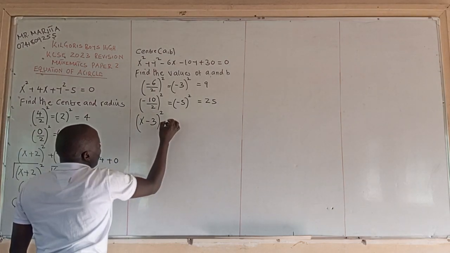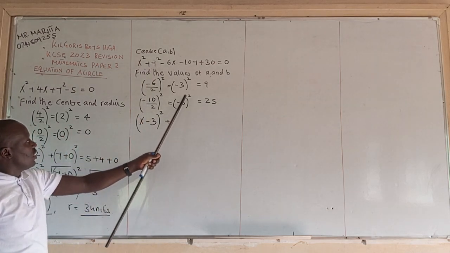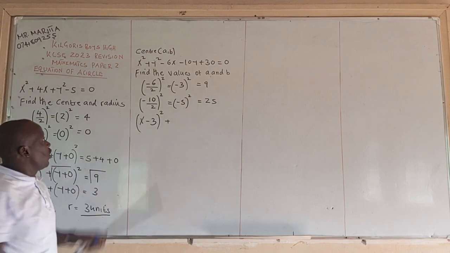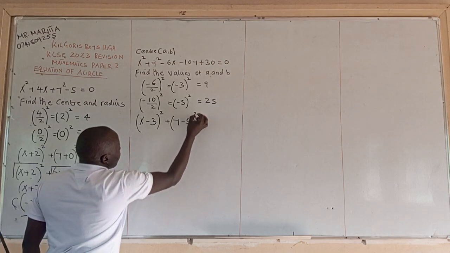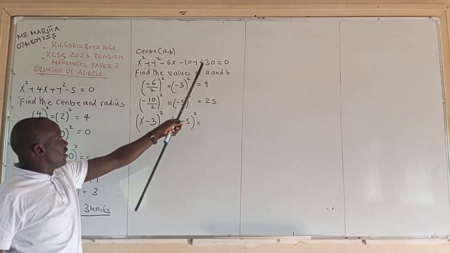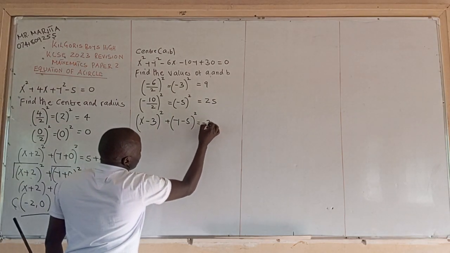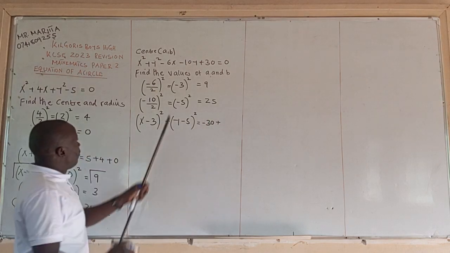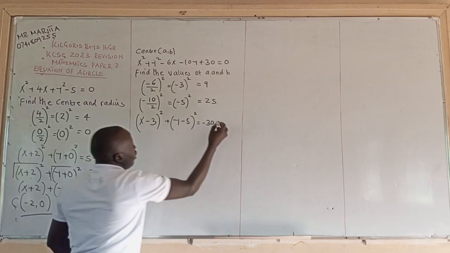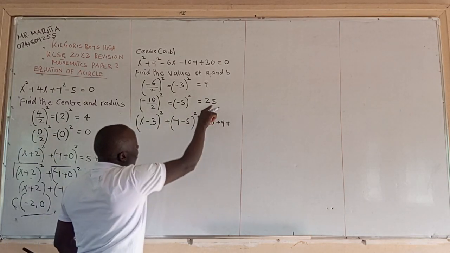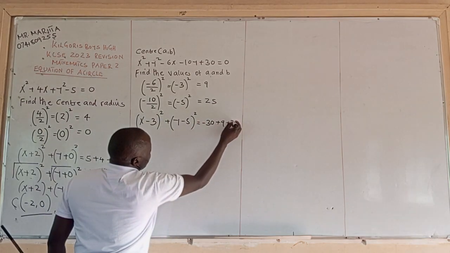Then plus y squared and negative 5 squared, so y minus 5 all squared, equivalent to, you transfer the 30 to the other side, it becomes negative 30, plus 9, and finally plus 25.